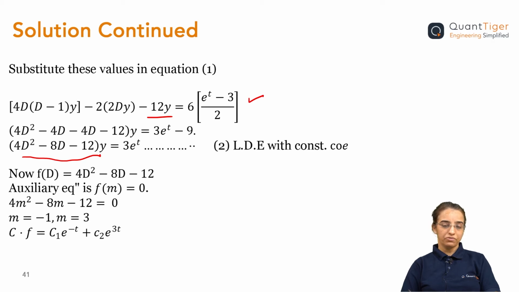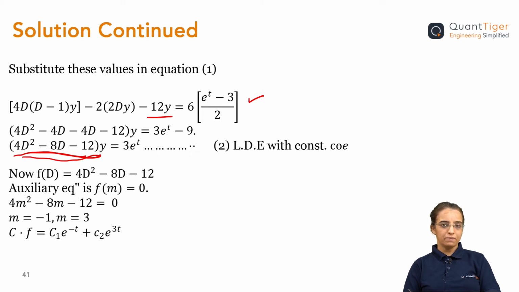अभी तक constant coefficient के साथ जो दूसरी terms भी आती थी, ax plus b and all that, we have tried to remove them from the given equation so that the Legendre equation gets converted into a linear differential equation with constant coefficient. तो हमने जो भी substitution की, उसके simplify करने के बाद हमें जो ये equation मिला है वो हमारा linear differential equation with constant coefficient है और we know how to simplify it.